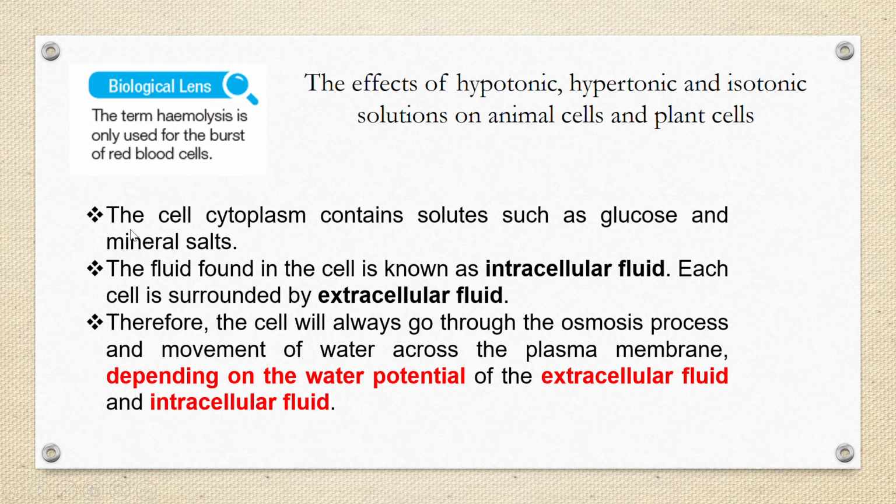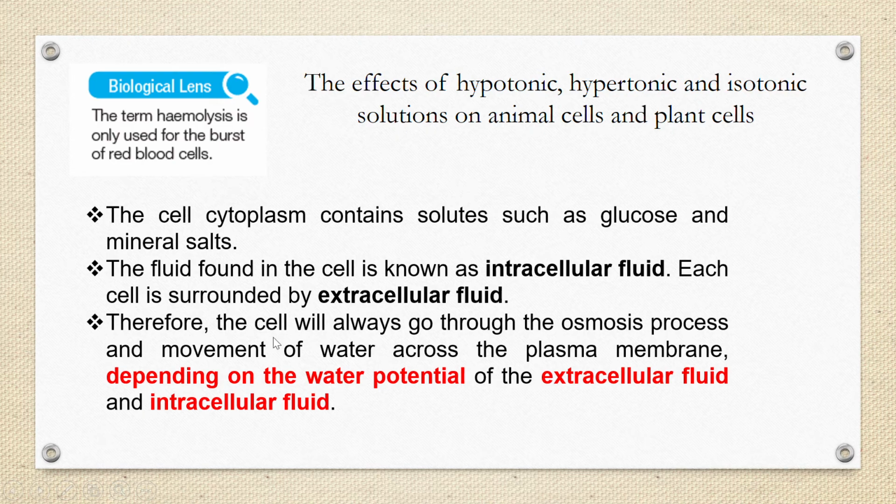Okay, so here let's look at the statements. It says the cell cytoplasm contains solutes such as glucose and mineral salts. So the fluid in the cell, take note, we call it intracellular fluid. And each cell is surrounded by the extracellular fluid. Take note of the terms.